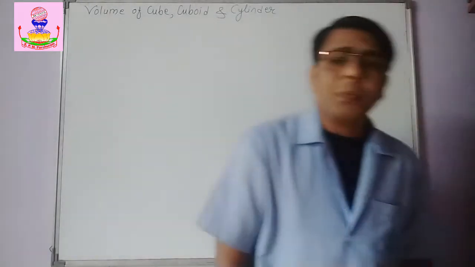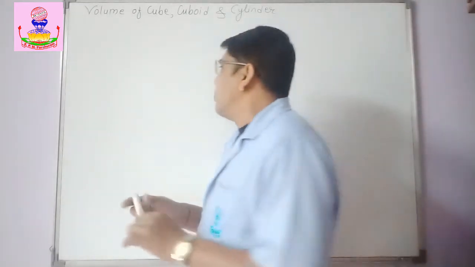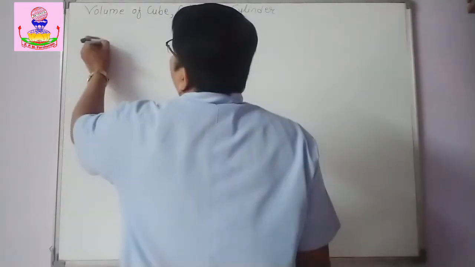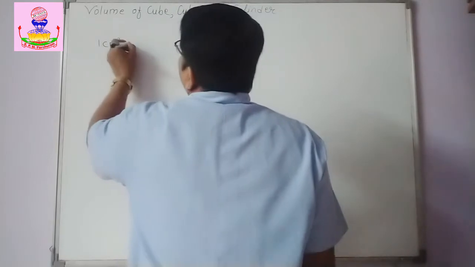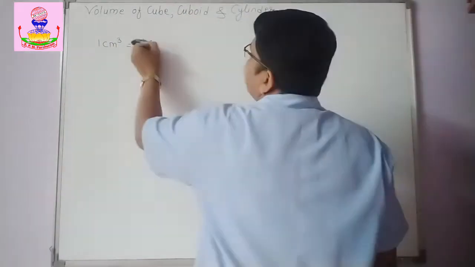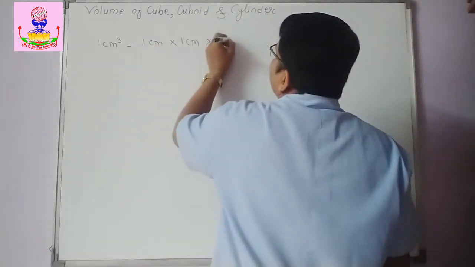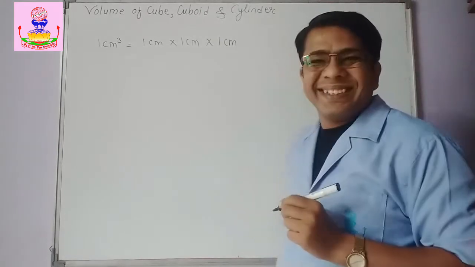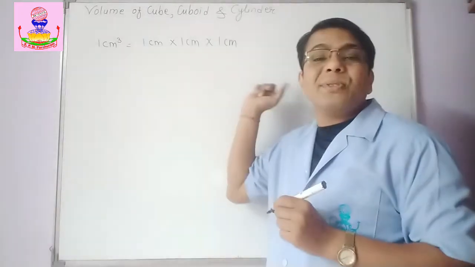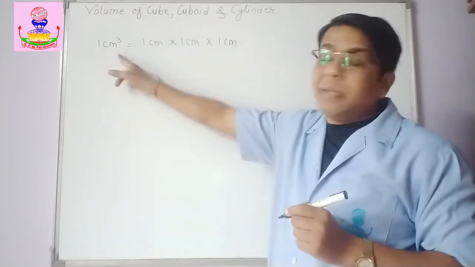Okay, now the cubical units which we use actually, for example, 1 cubic centimeter or 1 centimeter cube. So that is equivalent to 1 centimeter into 1 centimeter into 1 centimeter. Centimeter into centimeter into centimeter, by the law of indices, becomes cubic centimeters.